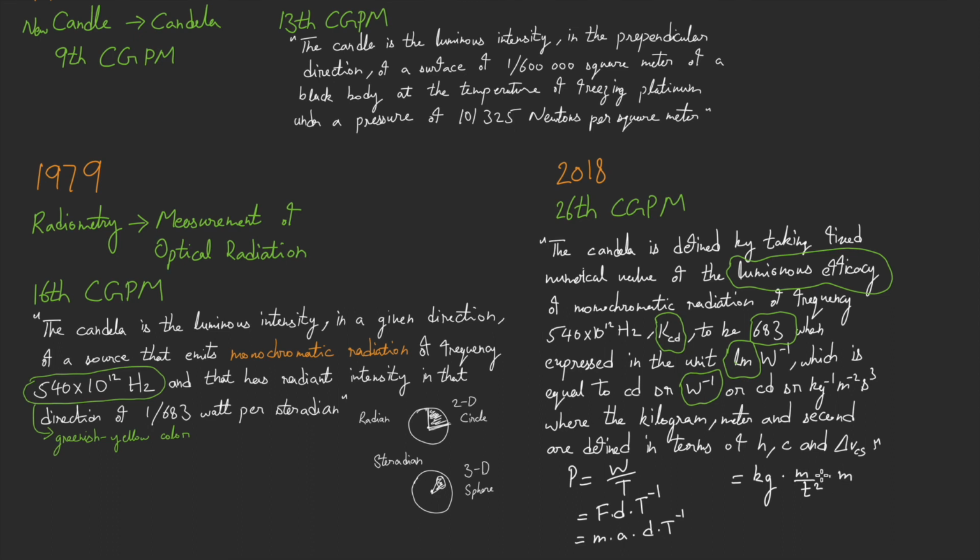The m here was for mass, and was changed to kilogram. And then we have t to the minus 1, also broken down into its basic unit, which is the second. So we have kg meter square per second s to the minus 3. So this is for watt, which is power.